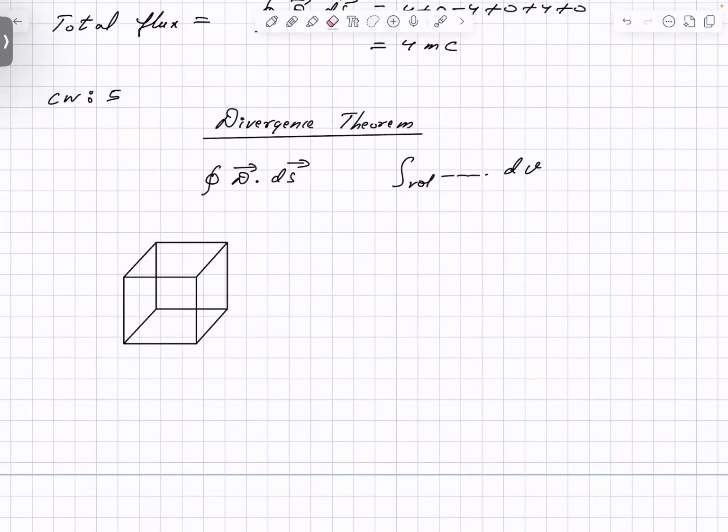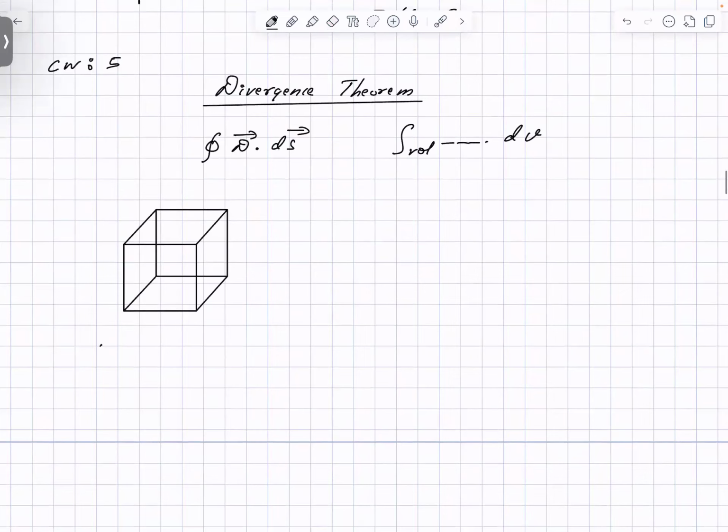Let's say this is a differential volume, so it's a very small box, and its total volume we can say is delta V equals delta x, delta y, delta z. So the length, height, and width of the box are delta x, delta y, and delta z respectively, and they are all differential lengths.